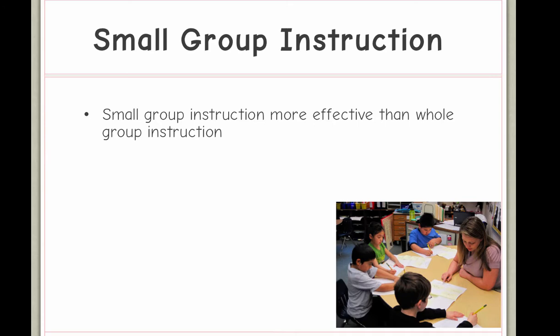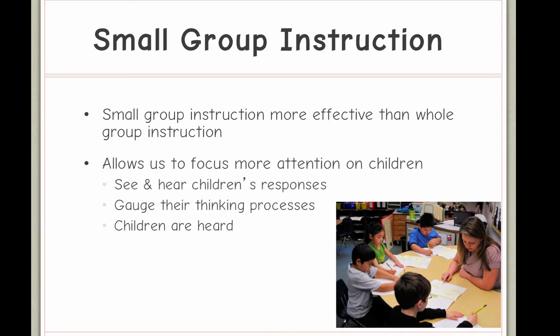And why is that? Well, again, I want to hear your ideas and I hope you reflect on them, but we get to see and hear children's responses. So instead of 20 or 25 students, and you can see it in this picture where the teacher is at the kidney-shaped table, there's only a few students that she needs to look at, observe, listen to, and she can really focus on gauging their thinking processes, and students will speak more.